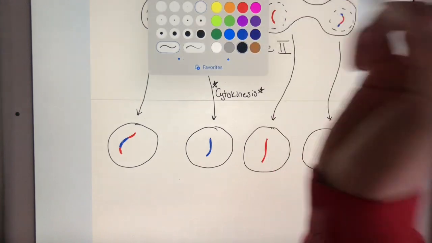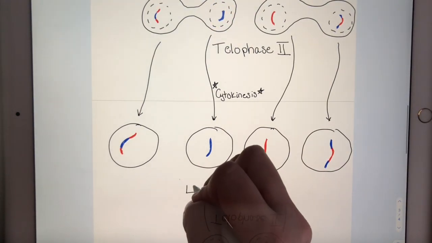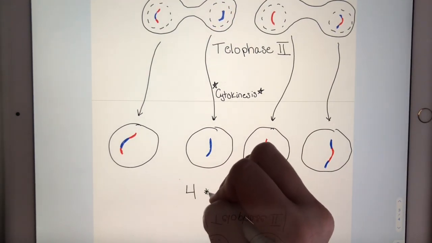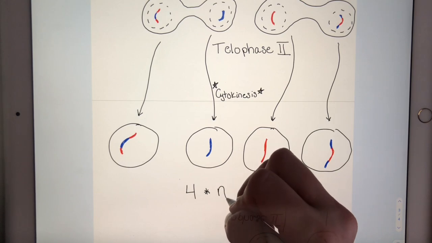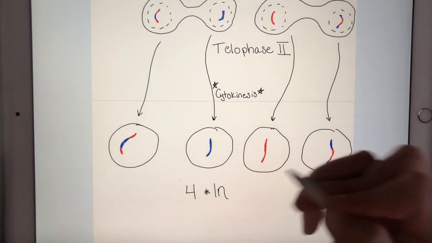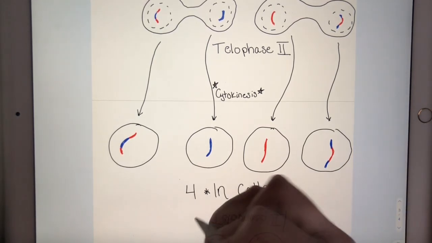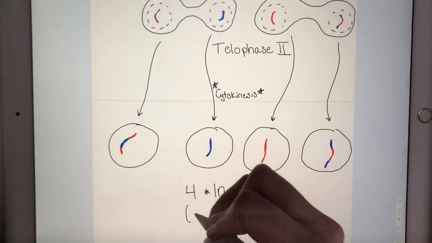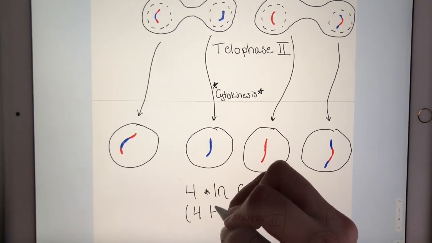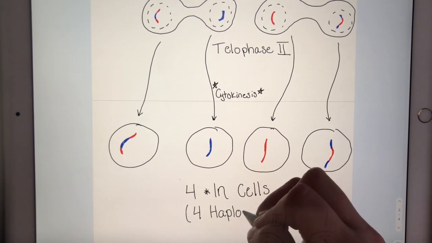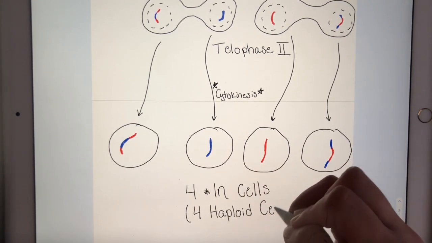And now we have 4 times 1N cells, or 4 haploid cells.